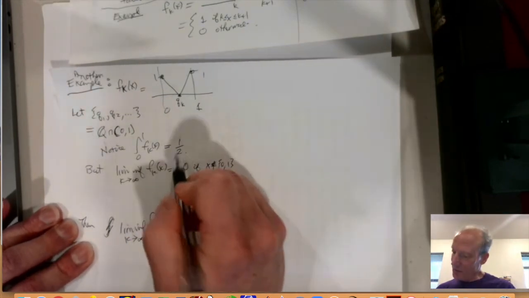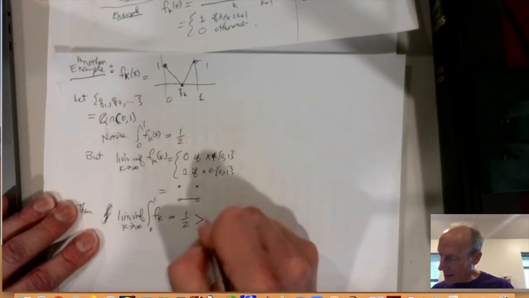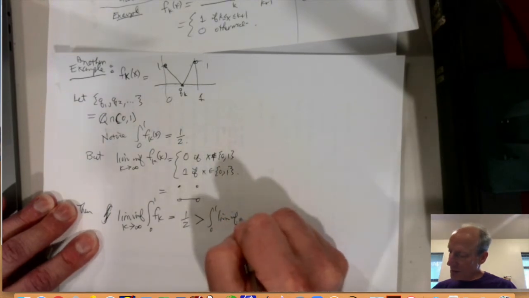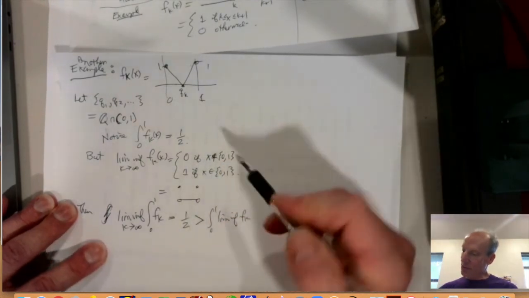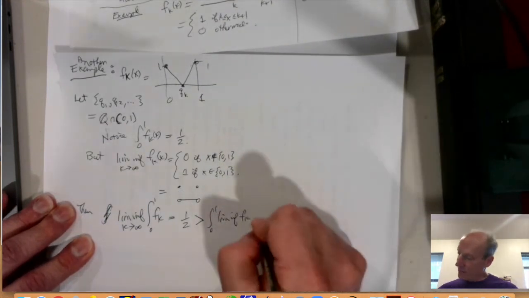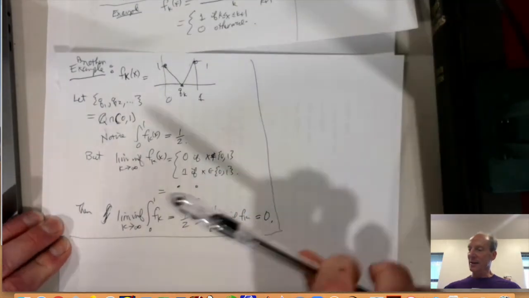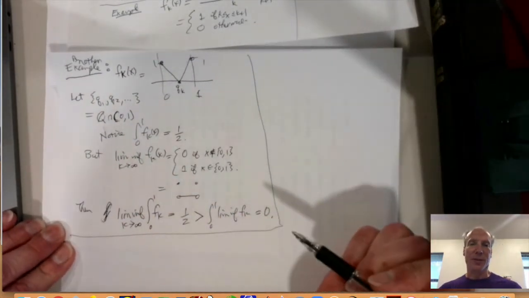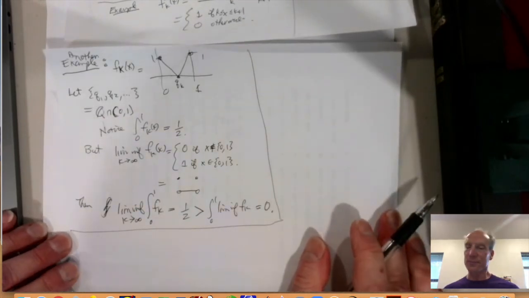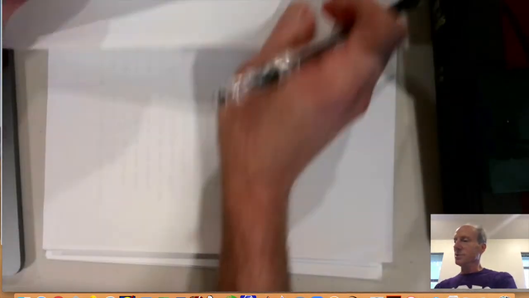This equals, it's always 1/2, which is greater than the integral of 0 to 1 of lim_inf of fk, which is, the integral is just going to be 0, nowhere, right? So that's another example where the Fatou lemma has strict inequality. Right. Okay. You guys are doing great on this.